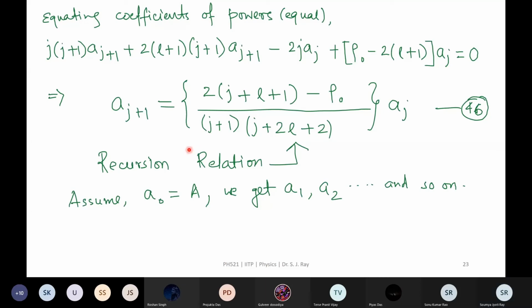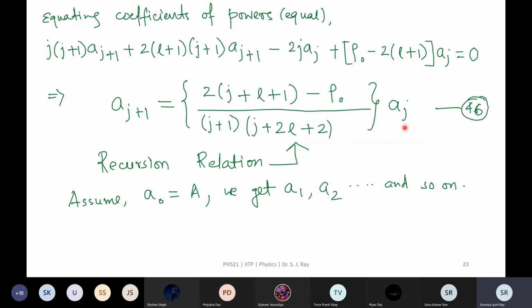So we get one expression like this: j times (j plus 1) a j plus 1 plus 2 times (L plus 1)(j plus 1) a j plus 1 minus this is 6. From this expression, I can express a j plus 1 in terms of a j. What is the connection between a j plus 1 and a j?